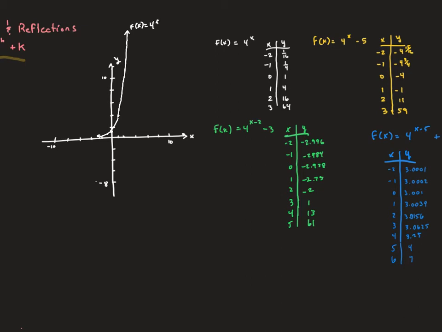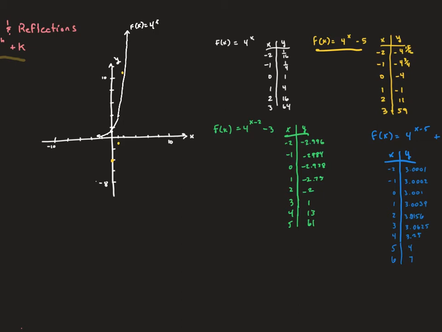Now, when we go to graph f of x equals 4 to the x power minus 5, what we are finding here is when x is 0, I'm going to be at negative 4. When x is 1, I'm going to be at negative 1. When x is 2, I'm going to be at 11.